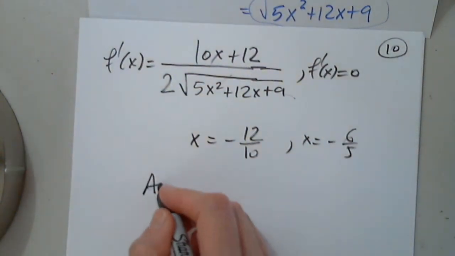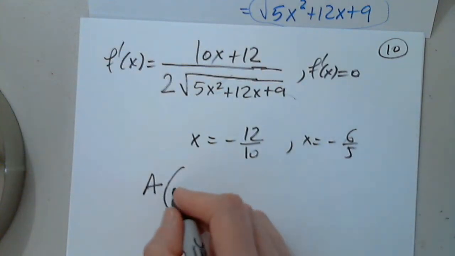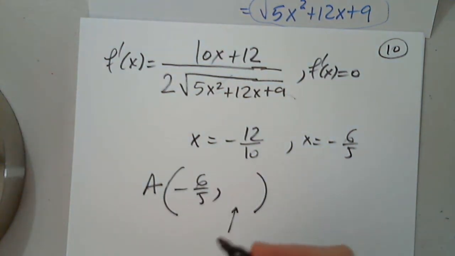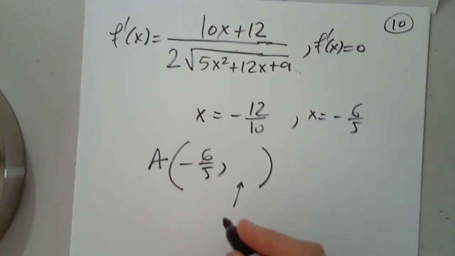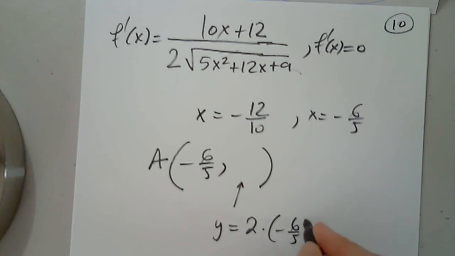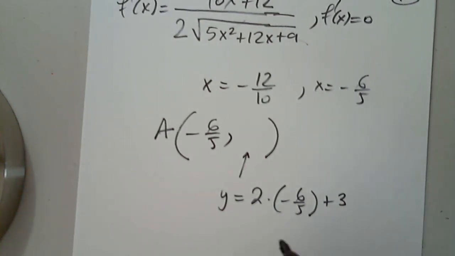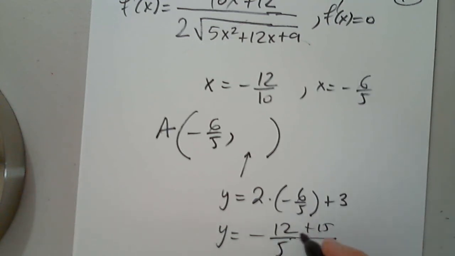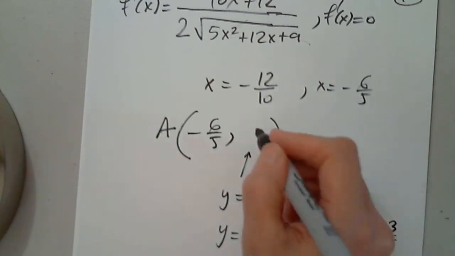So point A has negative 6/5, comma, f of negative 6/5, which is y equals 2 times negative 6/5 plus 3. So what does this equal to? Negative 12 over 5 plus 15 over 5, so it's 3/5. So y equals 3/5.